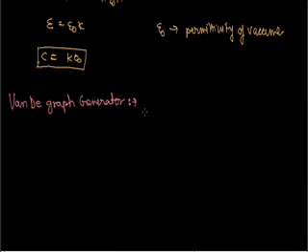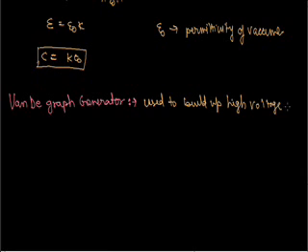What is the Van de Graaff generator? The Van de Graaff generator is used to build up a high voltage of the order of a few million volts. It works on the principle that charge flows from lower potential to higher potential. So the structure of the Van de Graaff generator is like this.